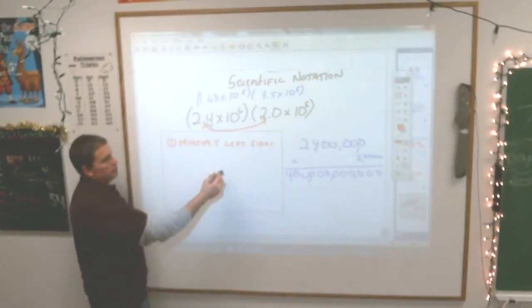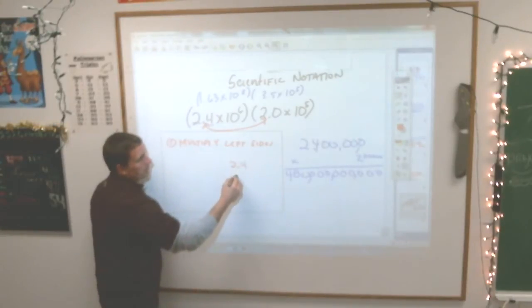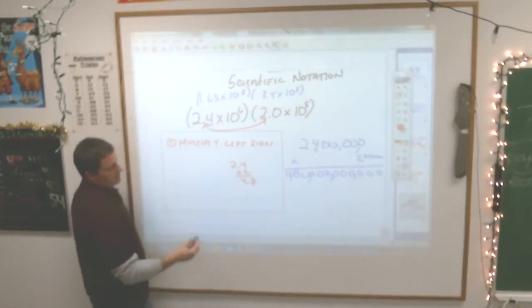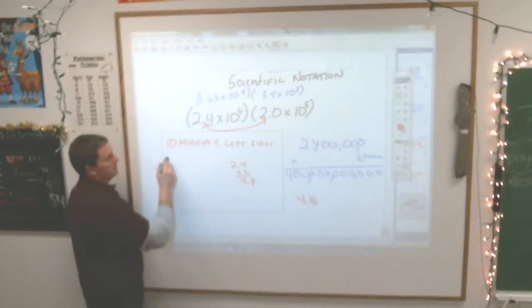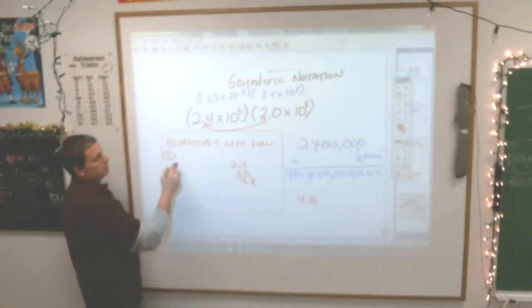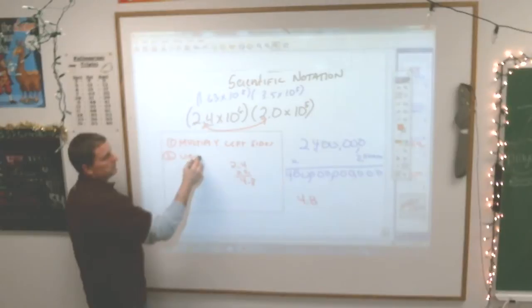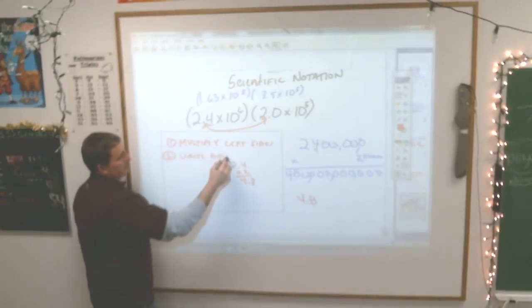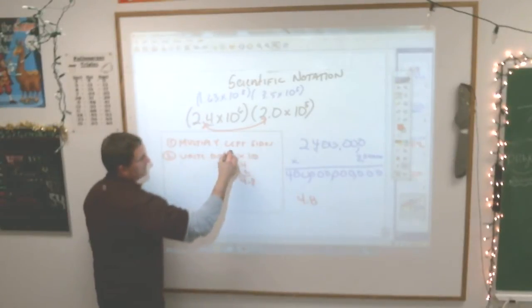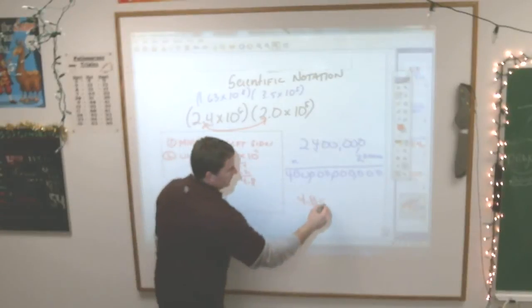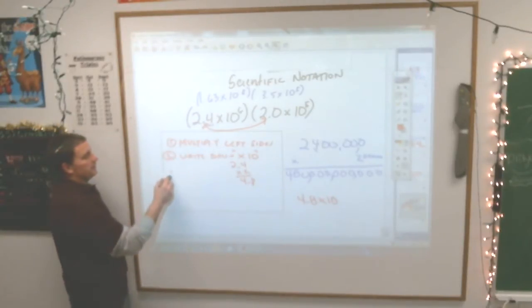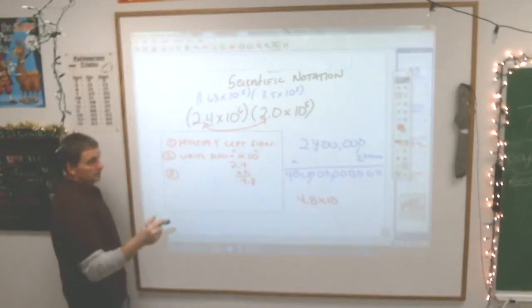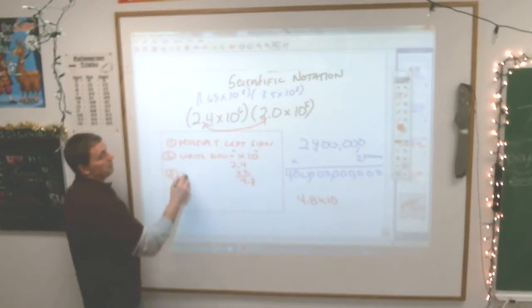Anybody? 2.4 times 2 is 4.8, correct? So I have my 4.8. Step 2 is you write down the times 10 part, because you're going to actually write this in scientific notation. Times 10.